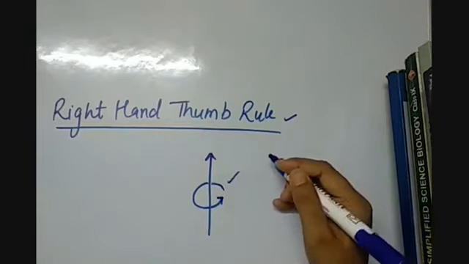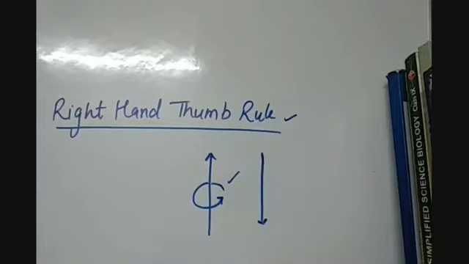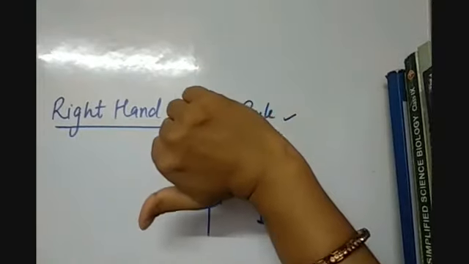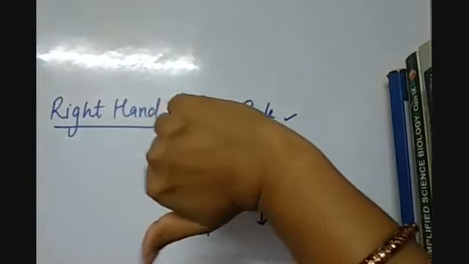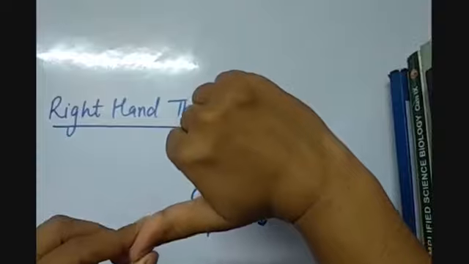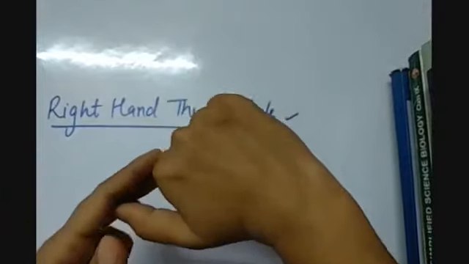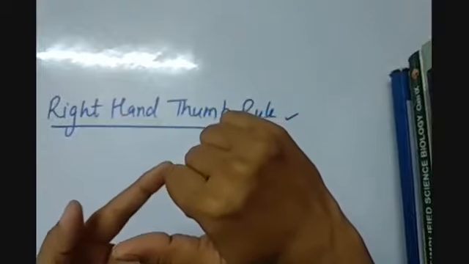The reverse will happen when the current is flowing in the downward direction, or you can say when the current is pointing in this direction. So you have to place your right hand in this way so that the current is indicated by the thumb. Then the curls of the fingers will tell you the direction of the magnetic field.